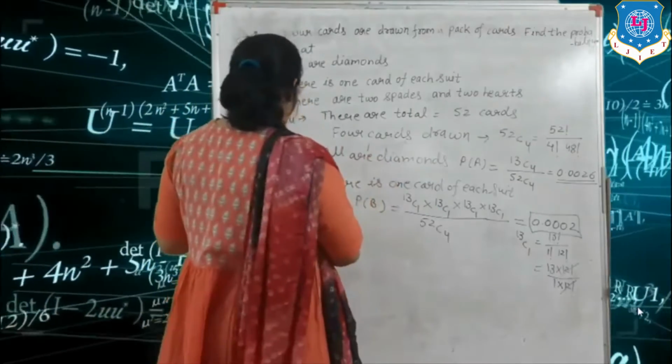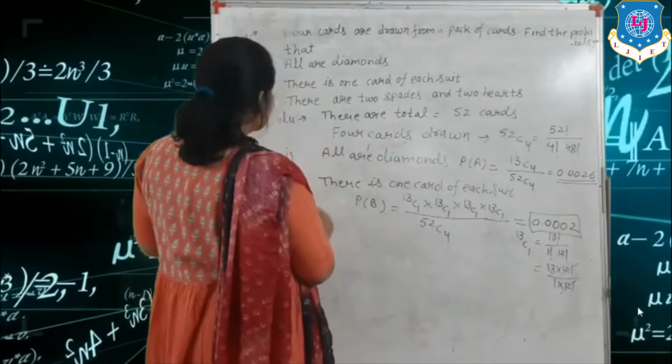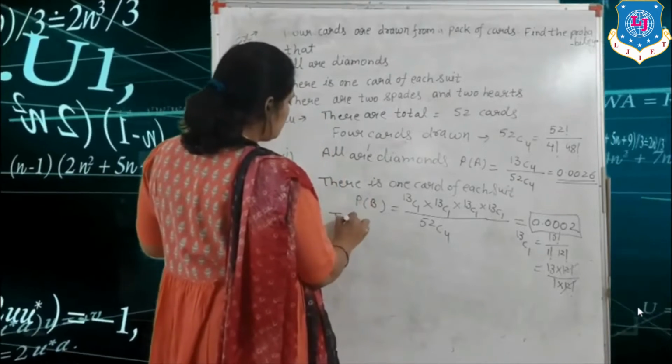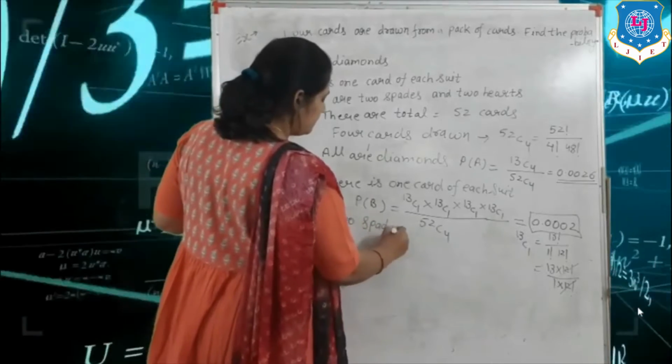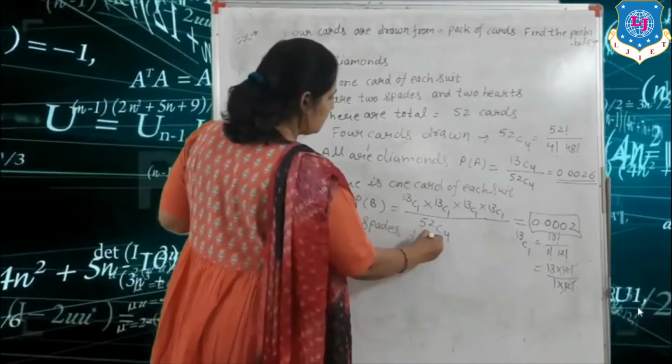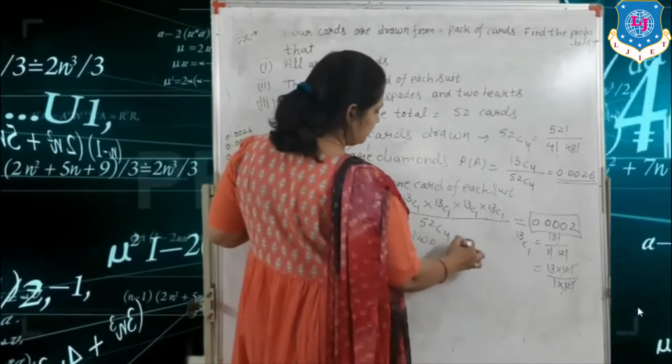So here the third one is there are two spades and two hearts.